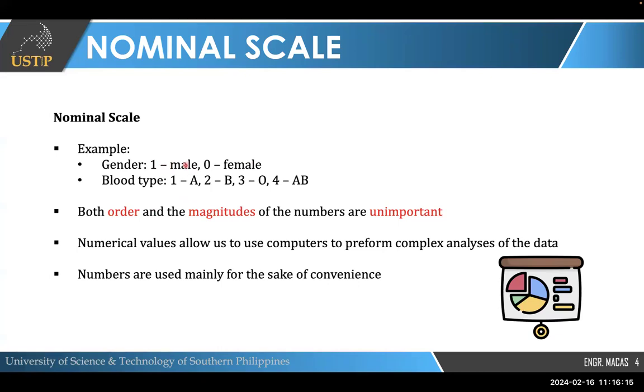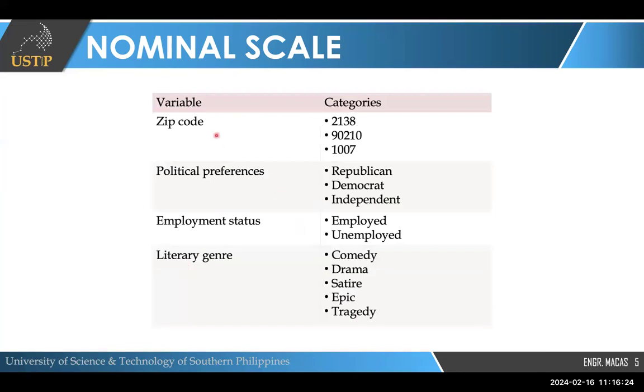So you might want to assign a certain number to it, for convenient purposes. Okay, so for example, these are the types of example of nominal scale. For example, the variable zip code and there are categories 2138, 90210, 1007. So these are the types of zip code.